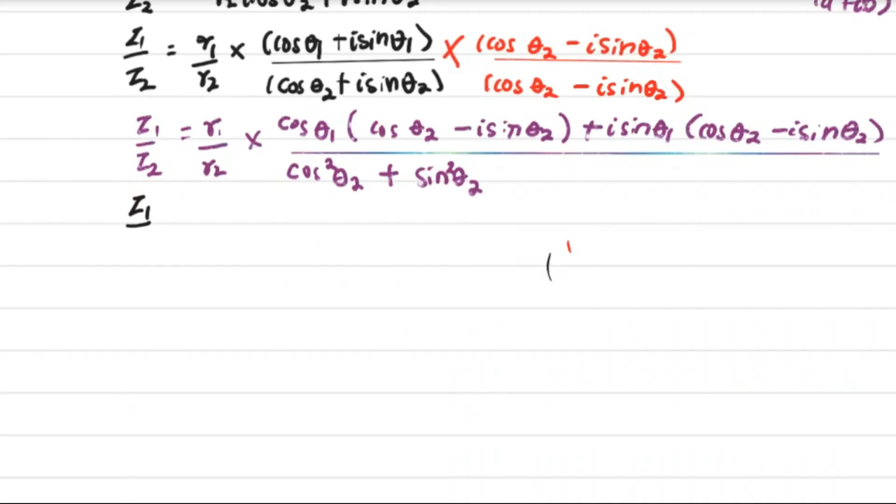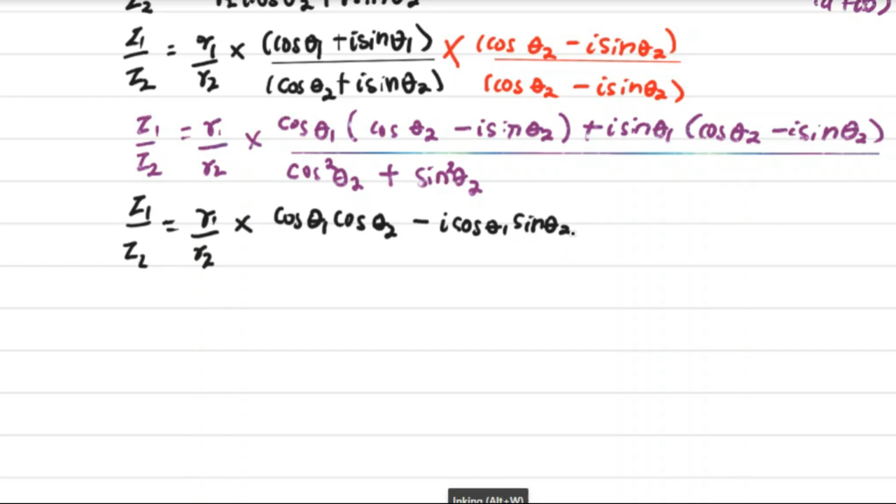Z1 over Z2 is going to give us R1 over R2 times cos theta 1 times cos theta 2 is going to give us cos theta 1 cos theta 2, minus cos theta 1 times I sine theta 2 will give us I cos theta 1 sine theta 2.